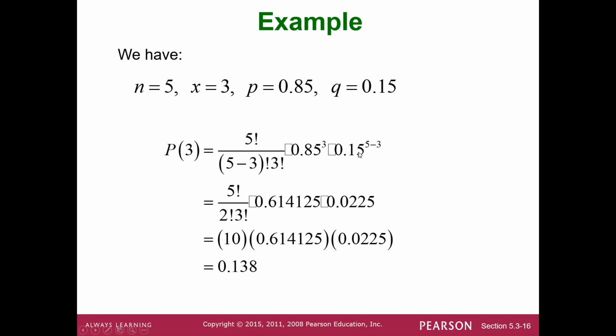The probability of 0.15 to the second power is 0.02. And when you multiply all 3 of those together, you're going to get 0.138. And that's exactly what we got when we did it by hand. The only difference is we didn't use the formula to get the combinations. All right. That formula is also available in our calculator, but quite frankly, we may not need to use it all the time.